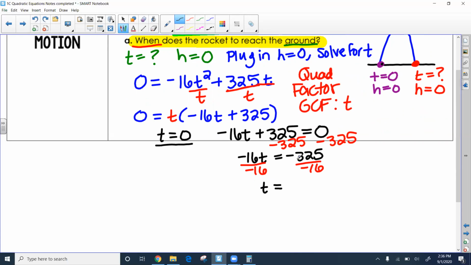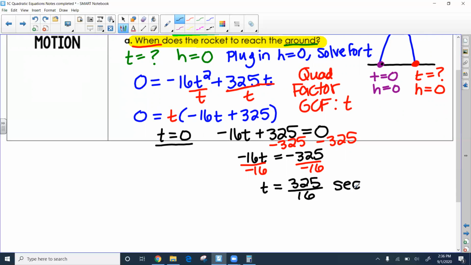On our signs, I have a negative 325 over a negative 16. Since I have a negative divided by a negative, I'm going to write it as a positive. So I have positive 325 over 16. And remember, t is talking about seconds. Okay. So we solved for t.